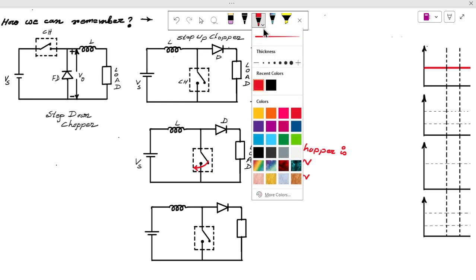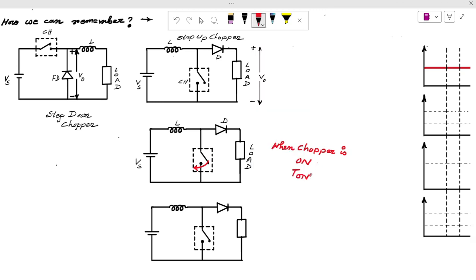Now for this T on state, look here, this is the supply voltage connected to the inductor and it is closed by a switch. Here we consider IGBT as the chopper switch. When it is shorted, there is no way for current to pass through this diode and load. Why? Because the chopper resistance is negligible, almost zero. All current will pass through this path.